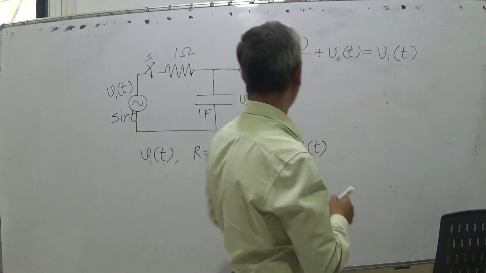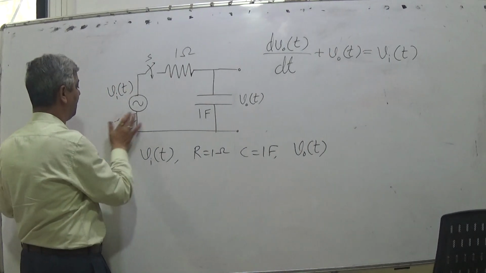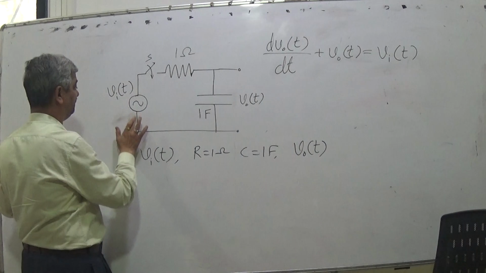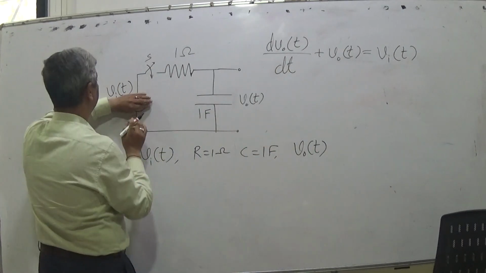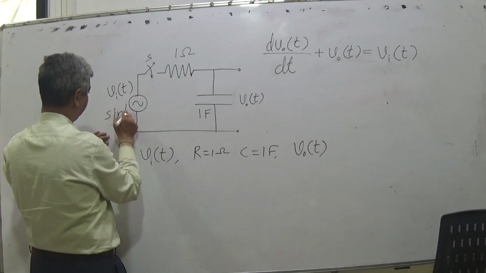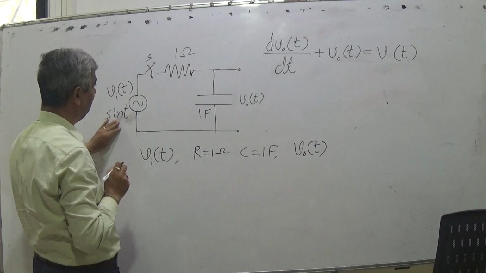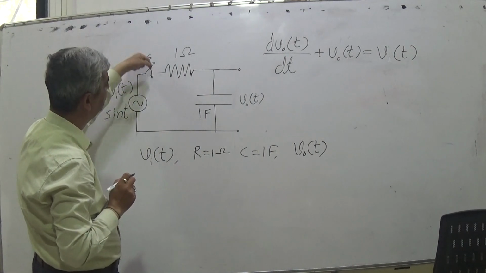This is the general equation. I am connecting a sinusoidal source which is sin t and closing the switch at t equal to 0.